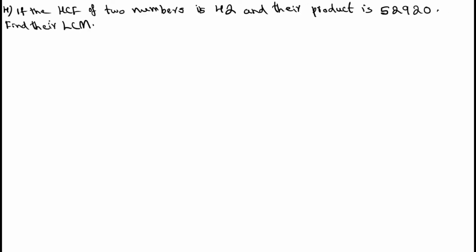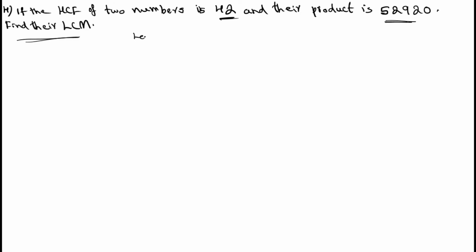See the next question. If the HCF of two numbers is 42 and their product is 52,920, the question is to find their LCM. Two numbers, HCF of the two numbers given.